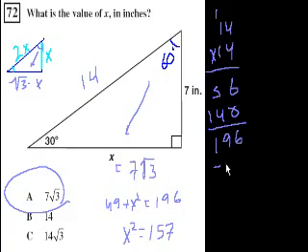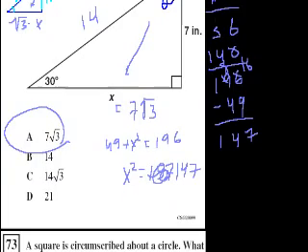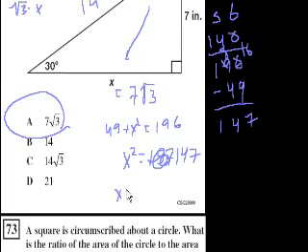And then if you were to subtract 49 from that, you say this is an 8, this is a 16, we have a 7, sorry, 147. It's a good thing I checked that. 147. All right, so x is equal to the square root of 147.